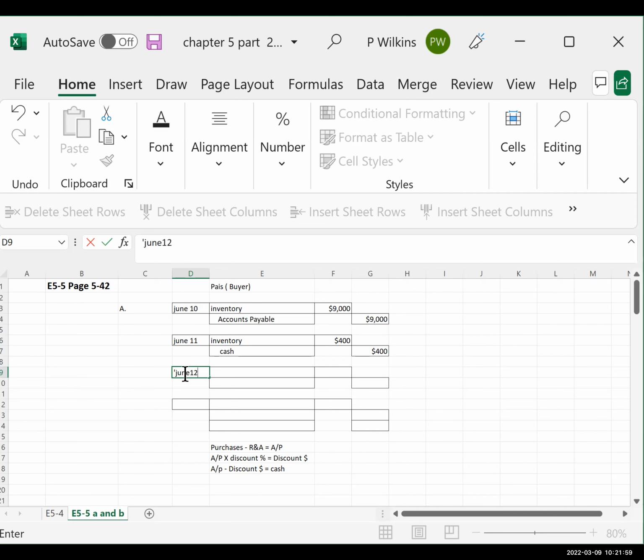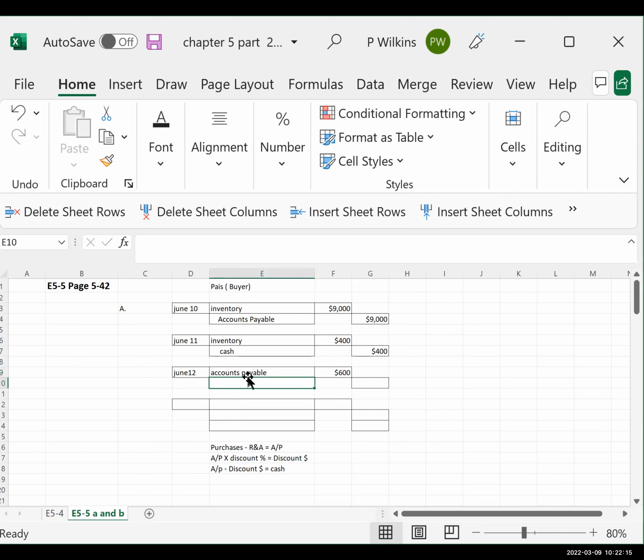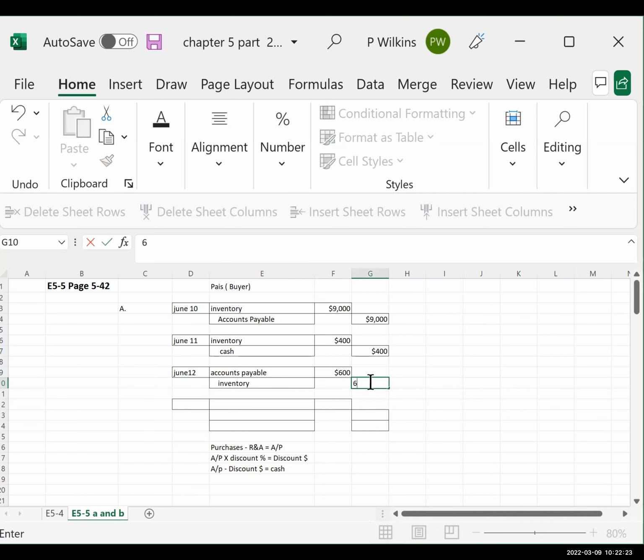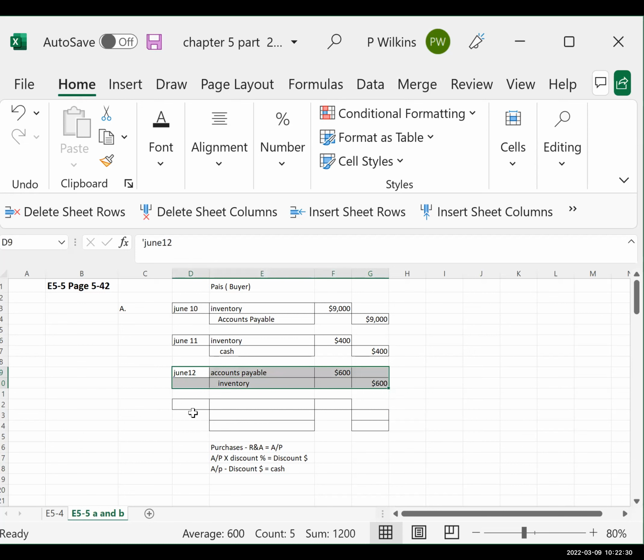On June 12th, we're going to be debiting accounts payable to make that go down because we're no longer going to owe that money, a $600 debit. And then we're going to be crediting inventory because when you're the buyer, everything goes to inventory. That entry would be a return or an allowance as the buyer.